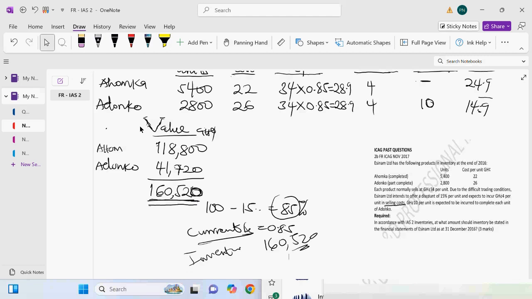You can go through the questions under inventory and try your hands on them. If you have any issue with a particular question under IAS 2, just forward it to the platform, and my assistants would help you with that.